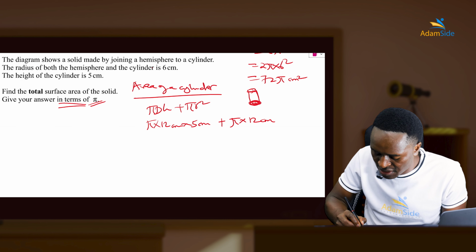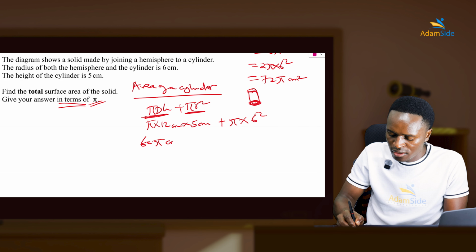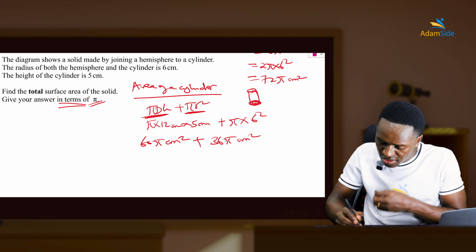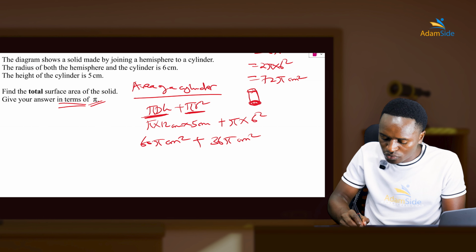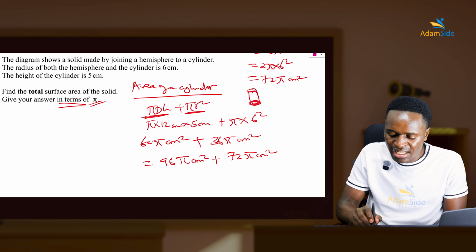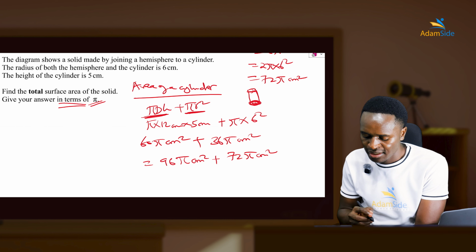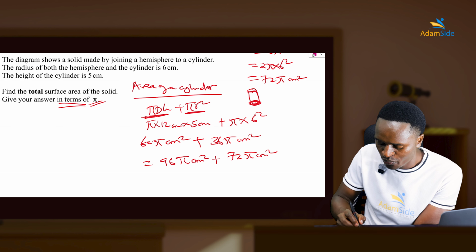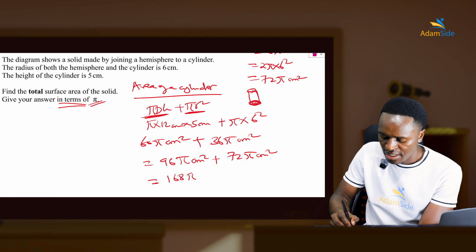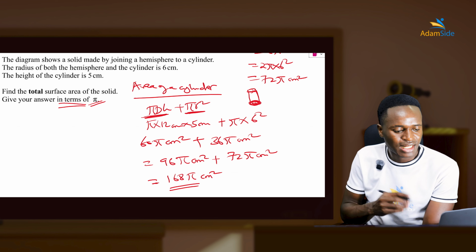Now, when you do that, that means it's 60 pi square centimeters plus 36 pi square centimeters. When you add these two, you get 96 pi square centimeters plus 72 pi square centimeters. So find the total surface area of the solid. 96 plus 72. What is the answer? 168 pi square centimeters. So that's the answer.